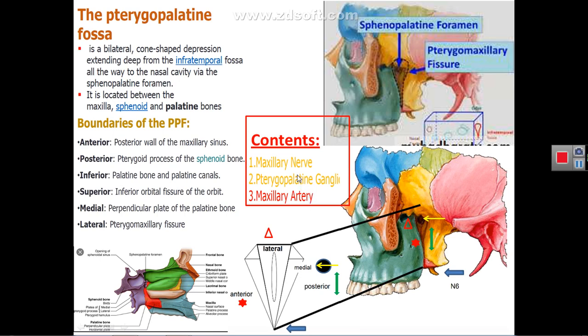Of course, the pterygopalatine fossa contains the maxillary nerve and the parasympathetic ganglion which is associated with the maxillary nerve, which is called the pterygopalatine ganglion, and the third part of the maxillary artery. And I want you to remember what the pterygopalatine ganglion is by going to the previous slide.